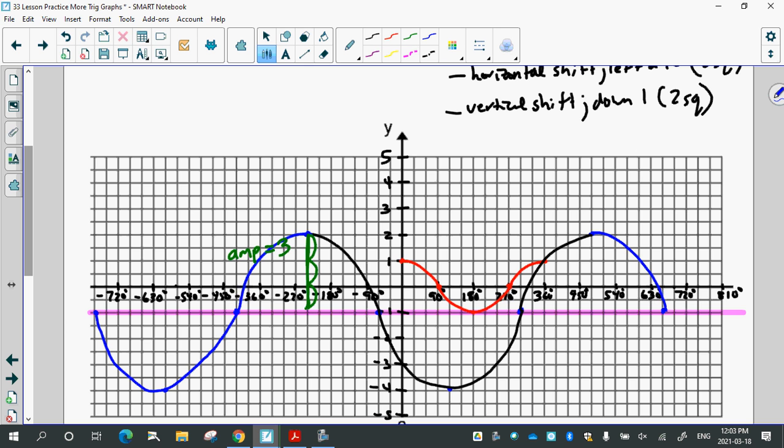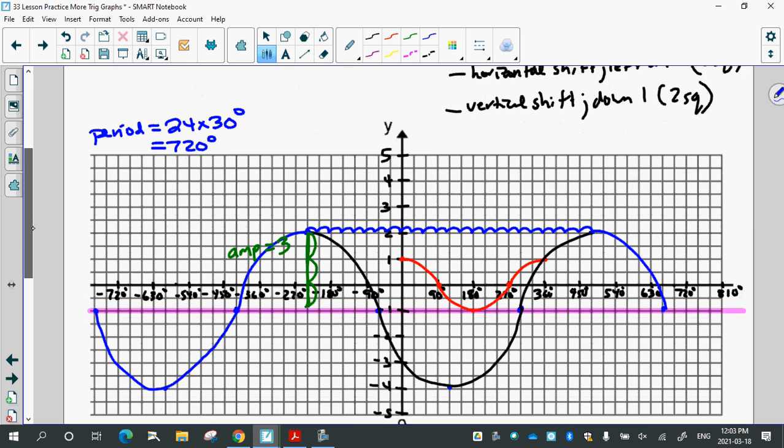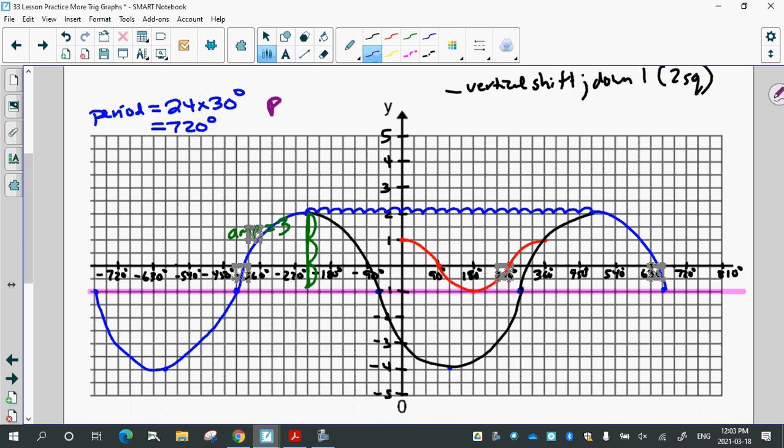The period, for 1 cycle, it's 1, 2, 3, 4, 5, 6, 7, 8, 9, 10, 24 squares, so the period is 24 times 30 degrees, which is 720 degrees. Phase shift was left 240, so that's negative 240. And it's got degrees with it.